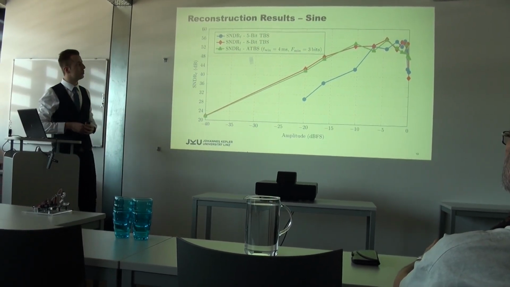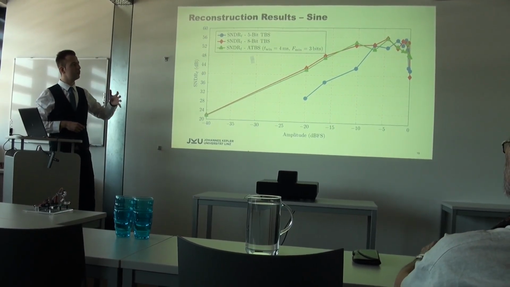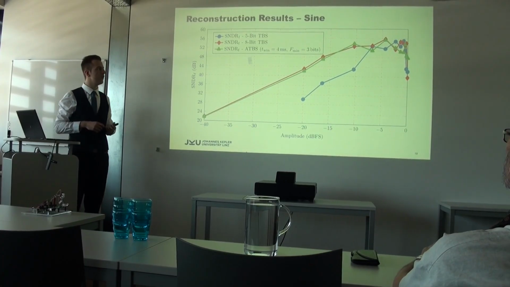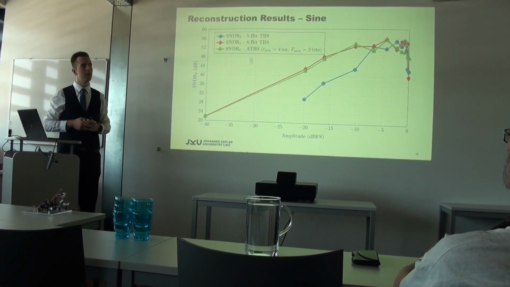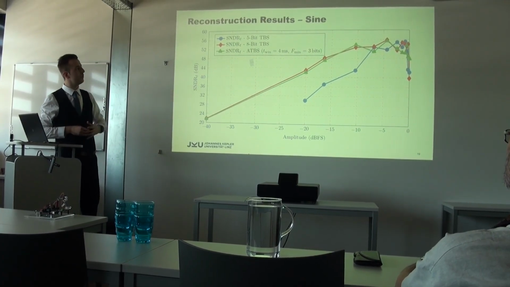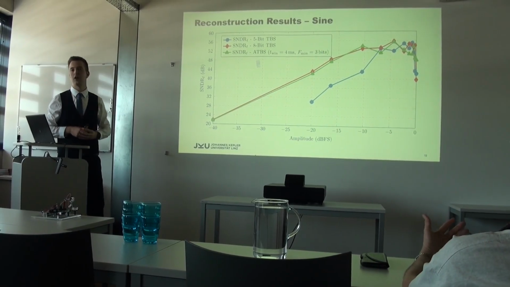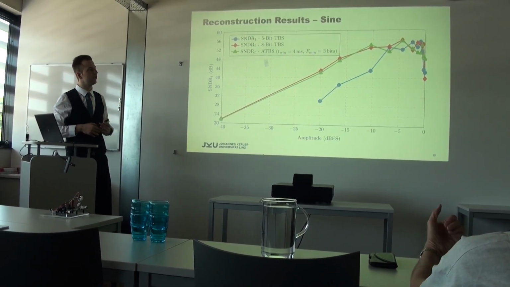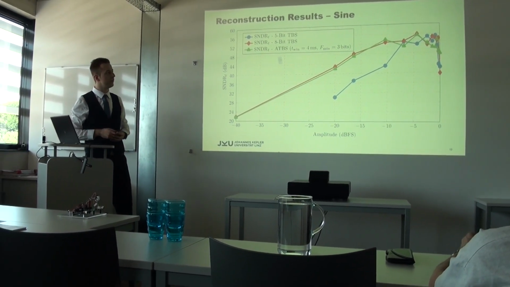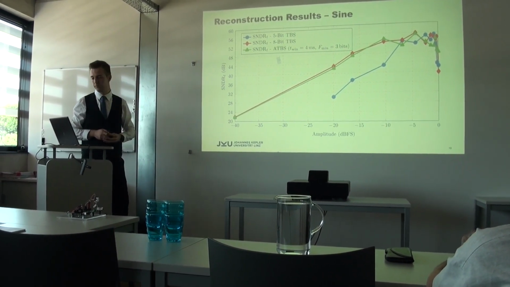But the main advantage now with adaptive threshold-based sampling is, for each period we only have 13 samples, because we can adaptively change. On the other hand, for an 8-bit threshold-based sampling, for full scale we have 500 samples. So the maximum compression ratio here is 17, which is a really nice advantage of adaptive threshold-based sampling.